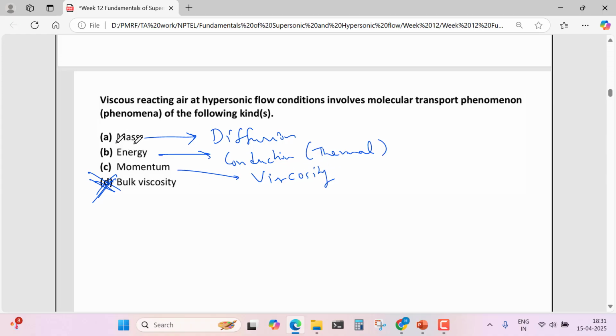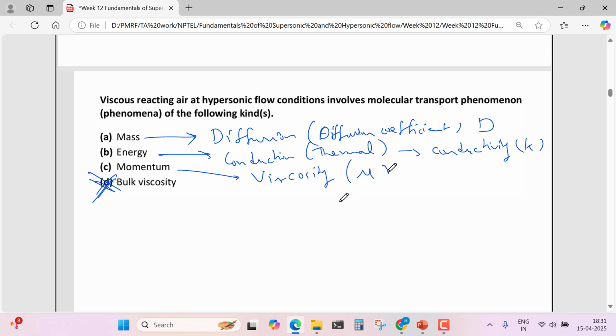Diffusion is related to the diffusion coefficient, and this is also under thermal conductivity. The diffusion coefficient is given by D and viscosity by mu. So all these three are related to molecular transport phenomena. So options A, B, C are the correct answer.